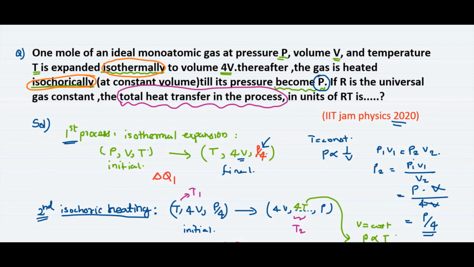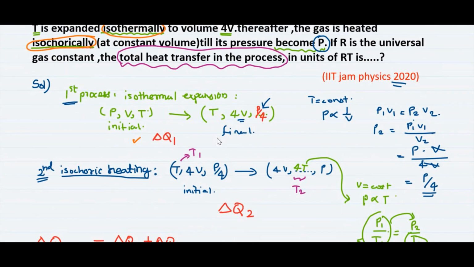So heat transfer in the first process is ΔQ1, and heat transfer in the second process is ΔQ2. Before calculating ΔQ1 and ΔQ2, it is better to find the initial and final conditions in both processes, then after that it becomes very easy.